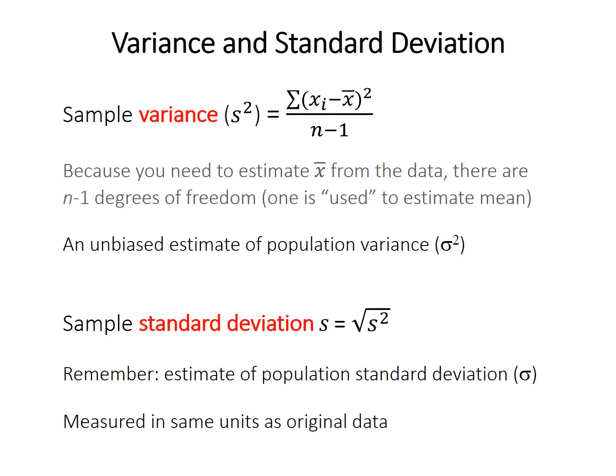If we've measured rock chemistry in parts per million, or the size of something in millimeters, the standard deviation will also be in parts per million or in millimeters. And so remember, this is the sample standard deviation, or S, and it's the estimate of the population standard deviation. Right? Statistics is always trying to estimate a population parameter from the sample that we have.